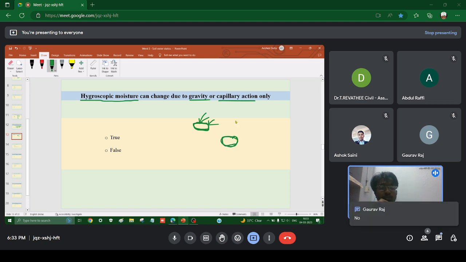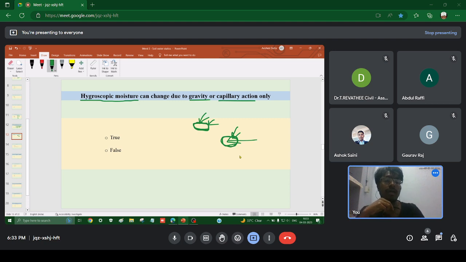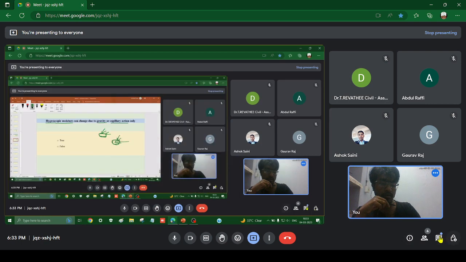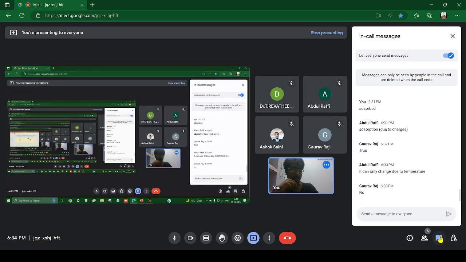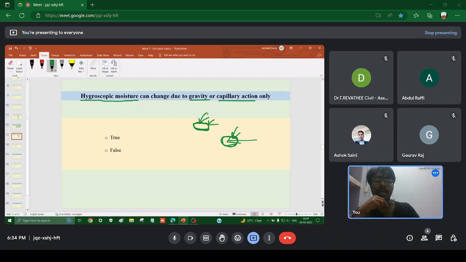So those factors which can affect either the water or the soil particle will have influence on this kind of moisture. Here, since gravity or capillary action can have no effect on this property, this is false. It cannot change. It will not change because of any change in gravity or capillary action.